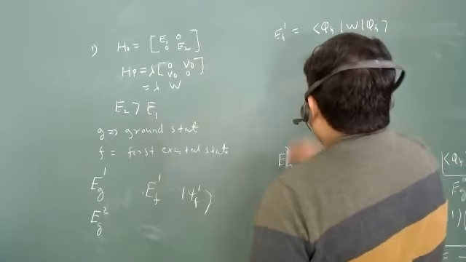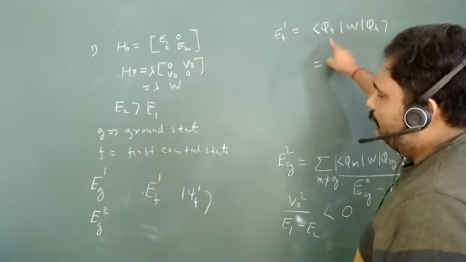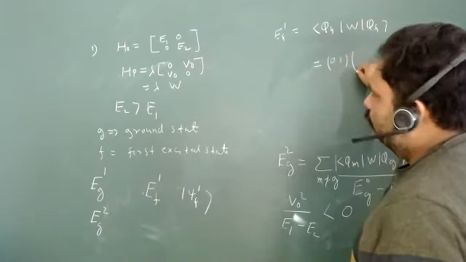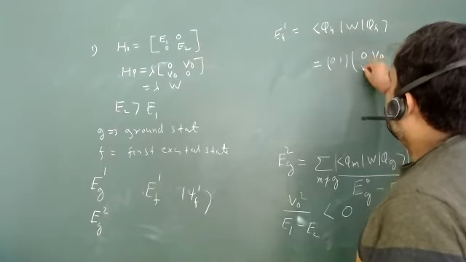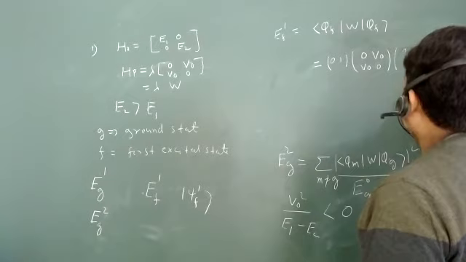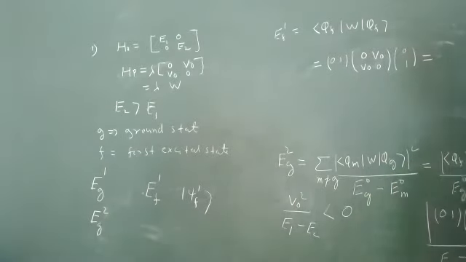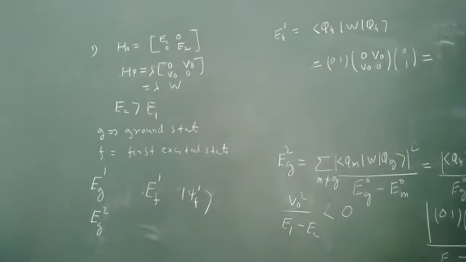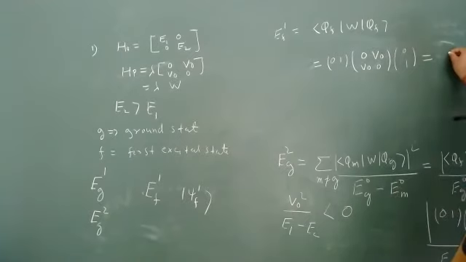What is phi f? 0 1. What is W? 0 V0 V0 0. What is phi f? 0 1. What is this value? Calculate, what is coming? What is this value? 0. Are you able to get this value 0?